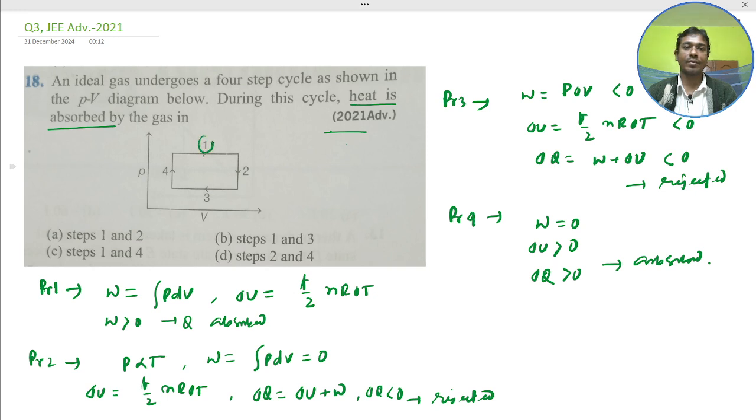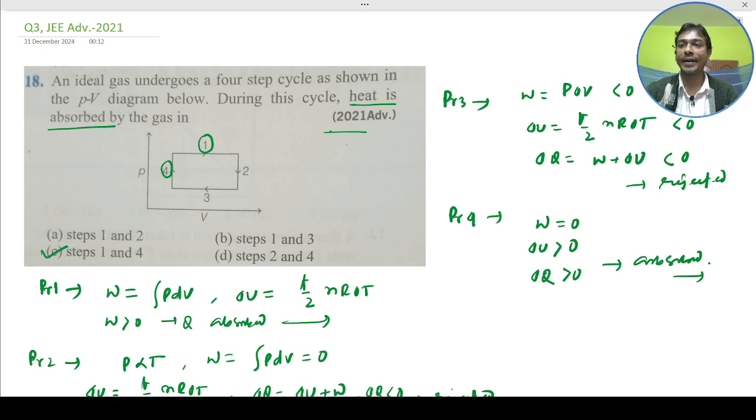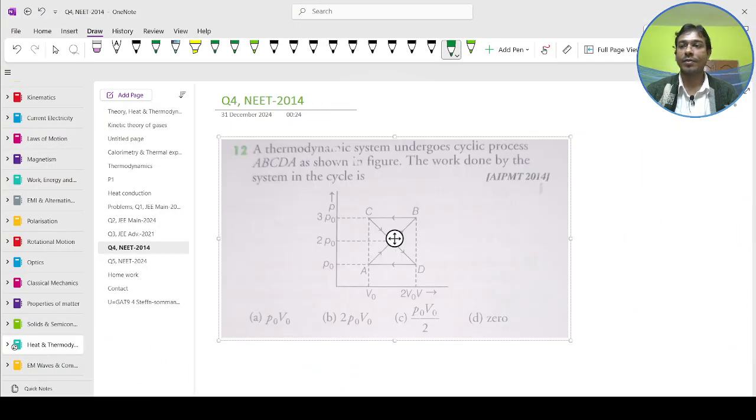These two processes absorb heat. Steps 1 and 4 are where heat is absorbed by the gas. Go ahead, our next problem.